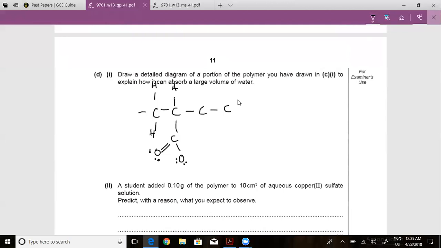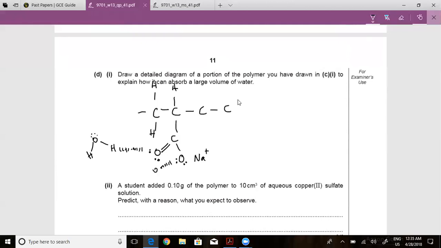This is a minus and then this is Na plus, so this moves, and you have H2O, so H-O-H. Good.